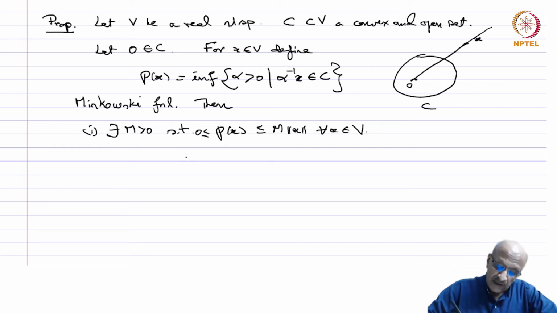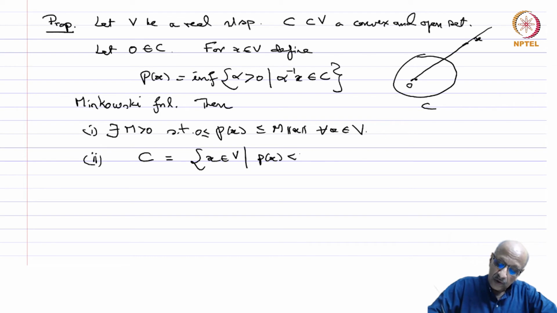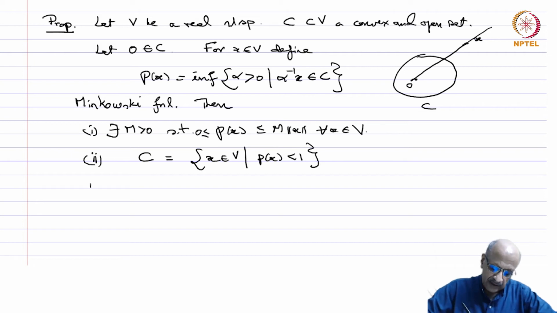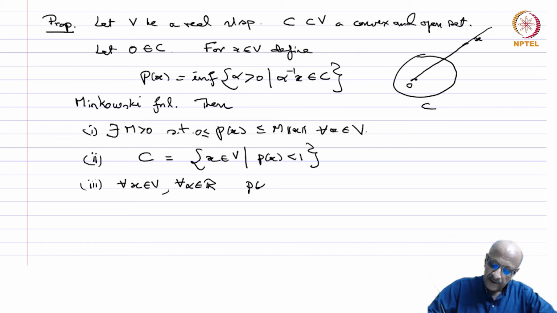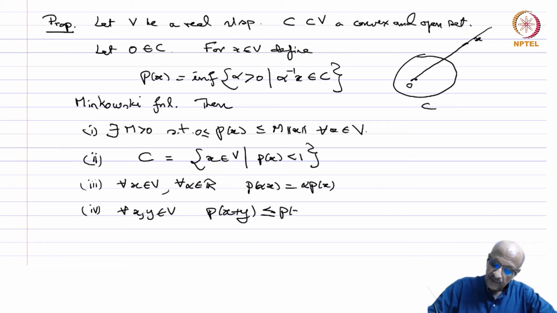And then 2: C is the set of all x in V such that Px is strictly less than 1. So this Minkowski functional characterizes the convex set. Then 3: for all x in V, for all alpha in R, we have P of alpha x is alpha times Px, and for all x, y in V, we have P of x plus y less than or equal to Px plus Py.